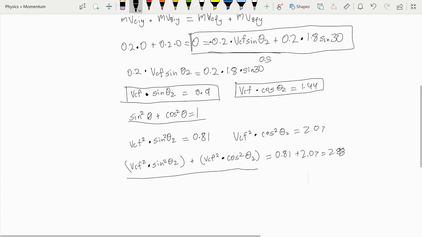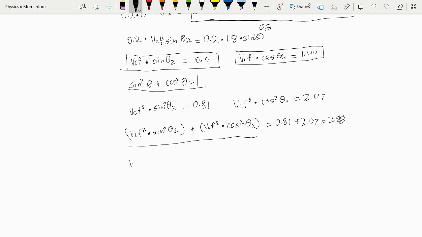So if I factor out VCF squared, VCF squared times sine squared theta 2 plus cosine squared theta 2 is equal to 2.88, and this we know cancels out to 1 from the trigonometry identity, so VCF squared is equal to 2.88.